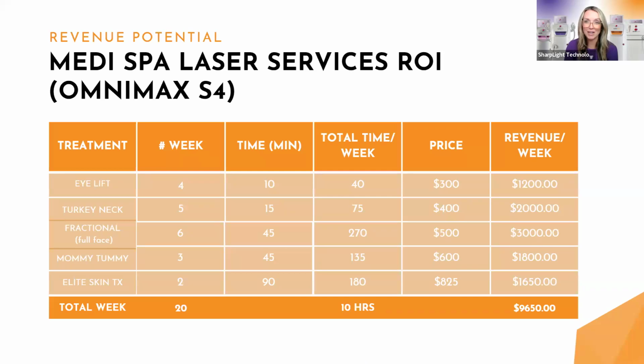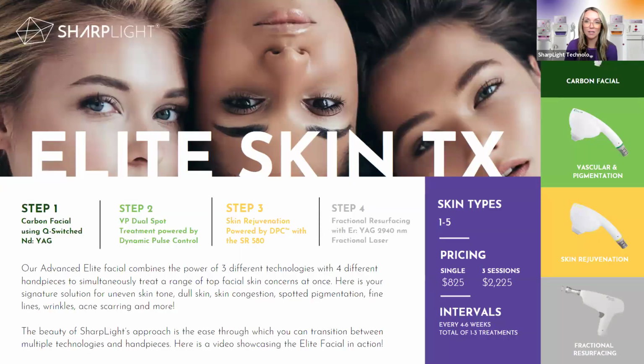So just to highlight a few stack treatments, because again, that's the beauty of Sharp Light, is these treatments that we can incorporate multiple handpieces. We have our carbon facial here with our Elite facial, or our Elite skin treatment. You start with your carbon, and you then continue with our spot treatment, our VP dual. You can do your SR handpiece for skin rejuvenation, and then you finish with your fractional.